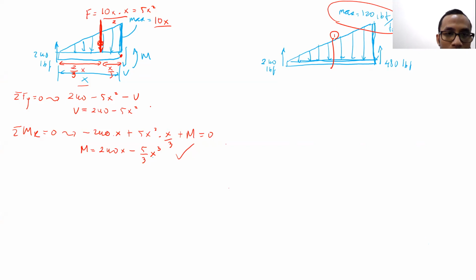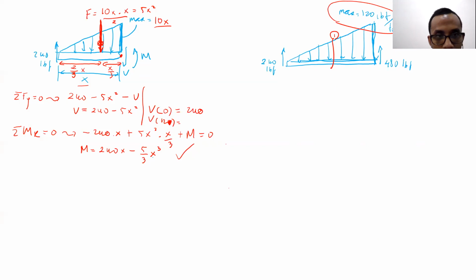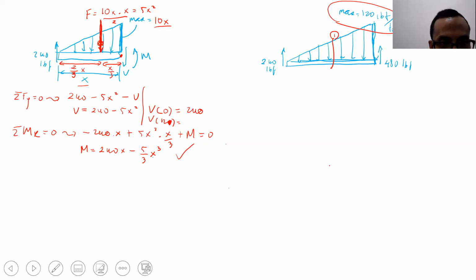Okay. V at x equal to 0. What is the value there? 240. Then V at 12 feet. What is the value there? Negative 480. Negative 480.